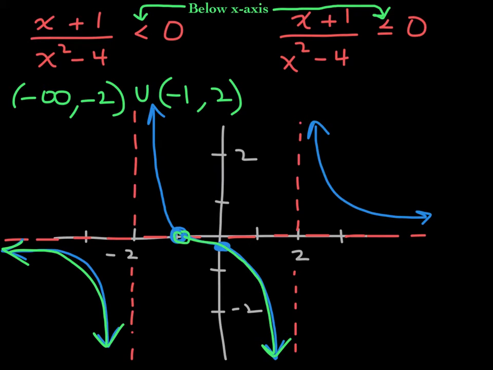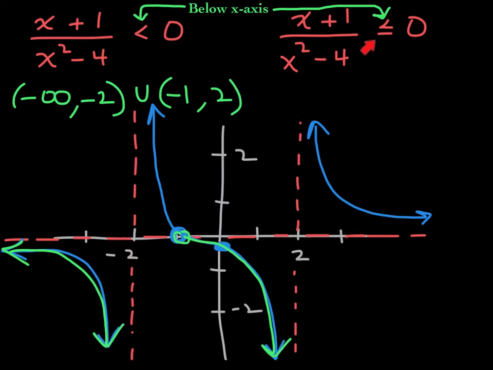I can put a bracket at negative 1 because that's an x-intercept. A bracket on negative 1. But I cannot put a bracket on negative 2 or positive 2. Even though this is non-strict, I cannot include negative 2 or positive 2 because that's where these vertical asymptotes are. In other words, the function is undefined at negative 2, undefined at positive 2.